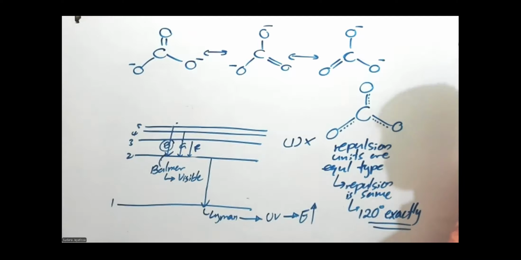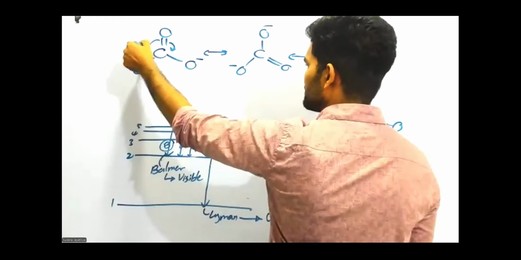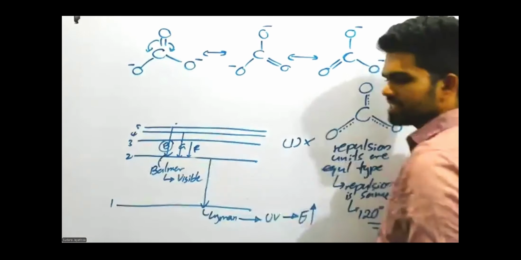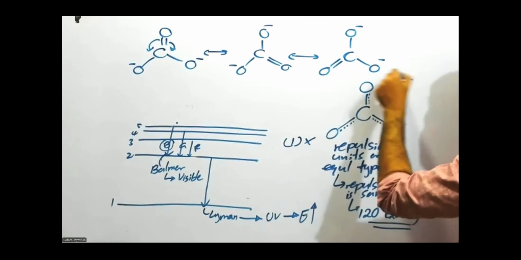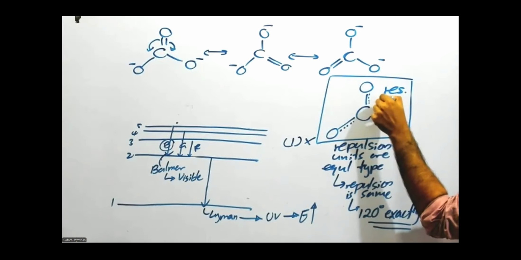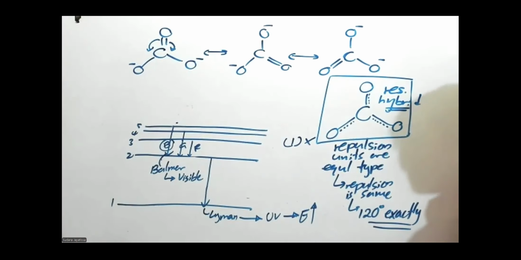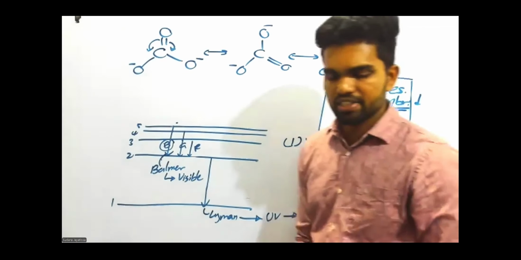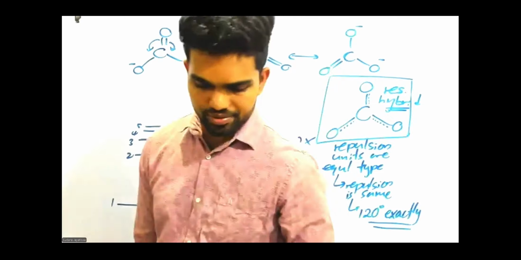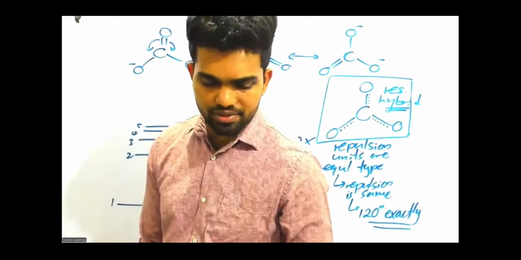So no difference. If you just look at this one, you might think this is pulling more repulsion and bond angle is changing. No. You have to focus on the hybrid. According to the resonance hybrid, bond angles are same. That statement is correct. A common point, I think we discussed that several times in our class.